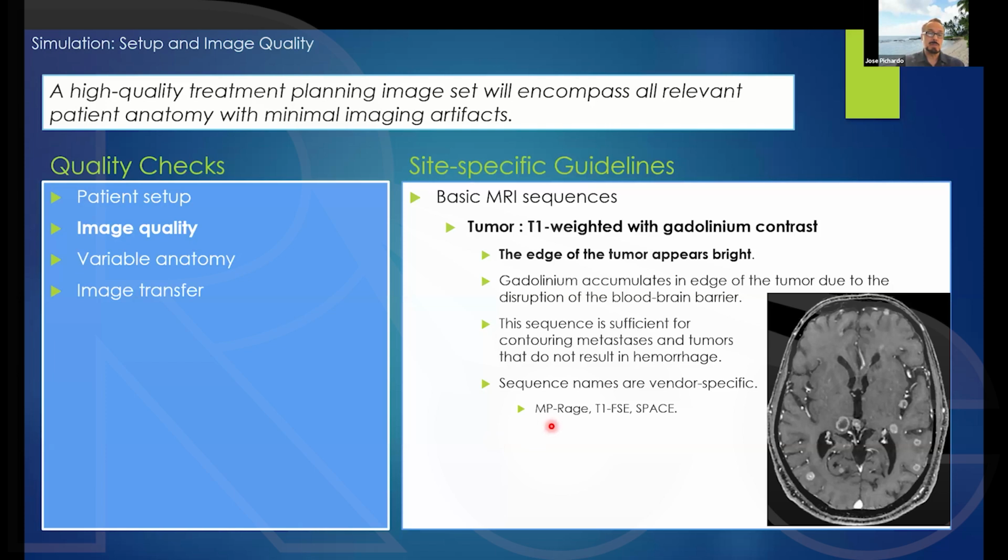Some may be called MP-RAGE, some may be called T1 fast spin echo, and there's this SPACE protocol now that is more recent but I don't remember what vendor has that. I don't know if it's Philips or what's the other one? I'm not sure. All right, so the T1 weighted is the most basic, right, of the MR images that should be included in your image set.